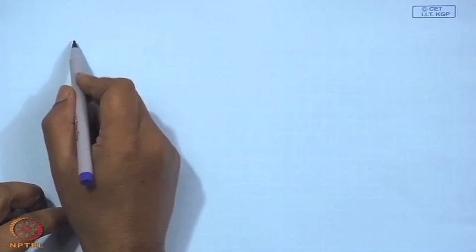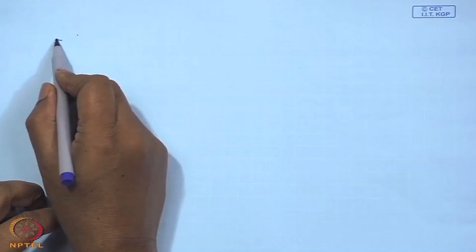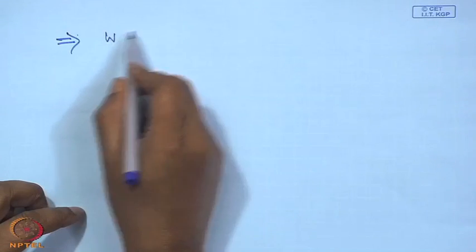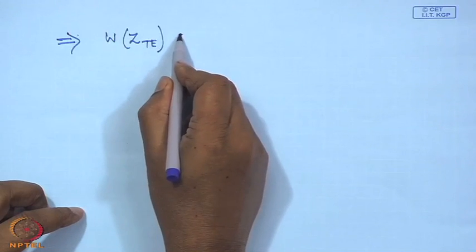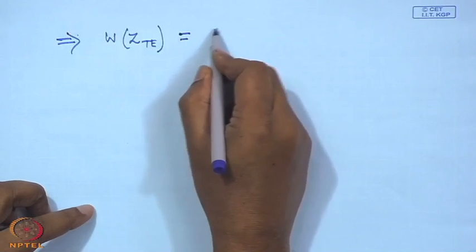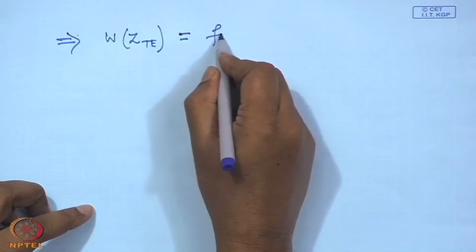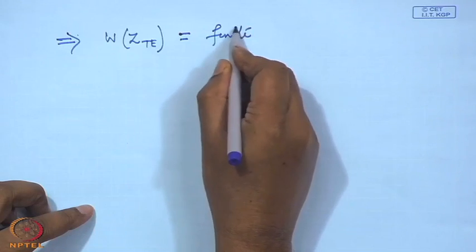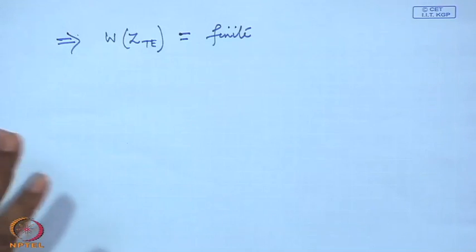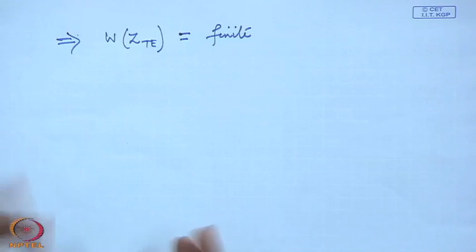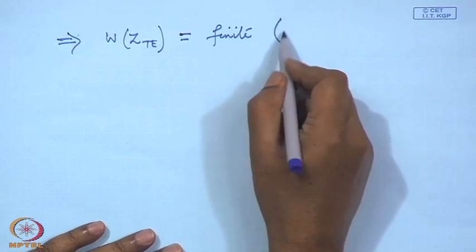So, now going back, the W corresponding to the Z trailing edge is finite, either 0 or non-zero.